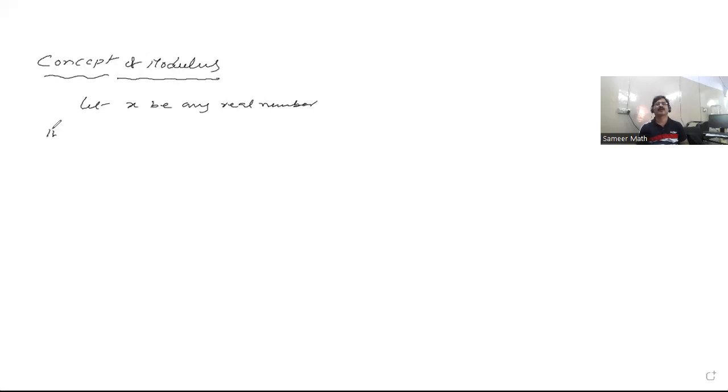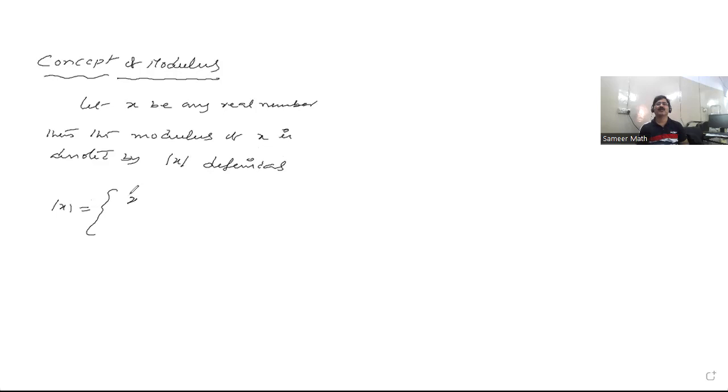Then the modulus of x is denoted by drawing two vertical lines, and in between that you write mod x, defined as: mod x is equal to minus x, if x is less than or equal to 0, and x, if x is greater than or equal to 0.